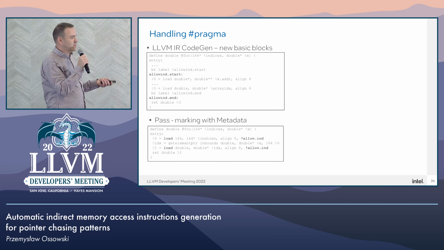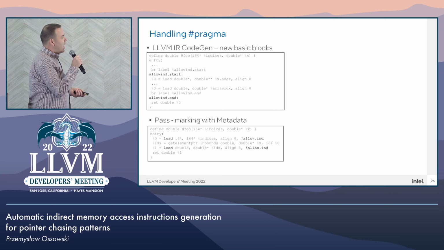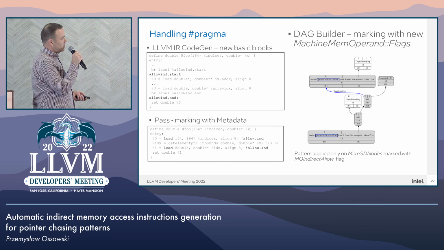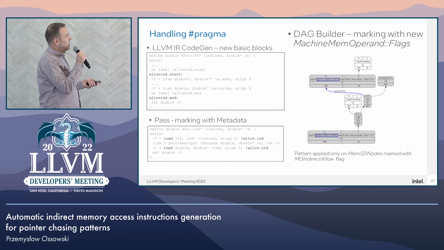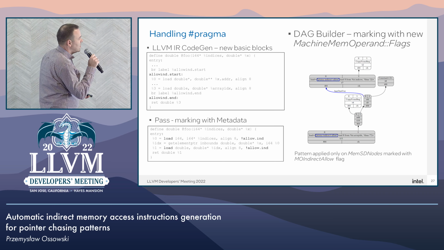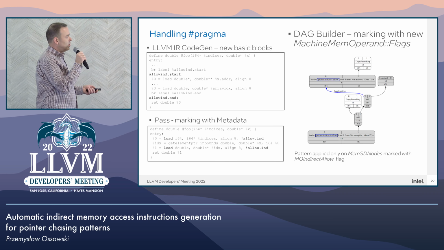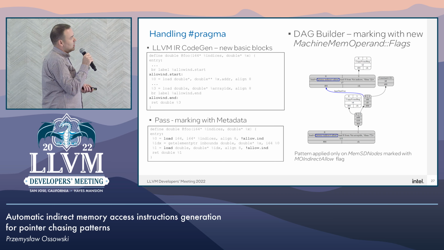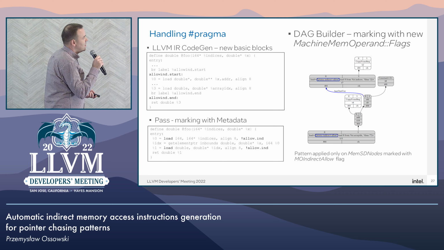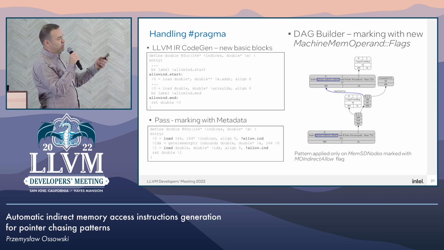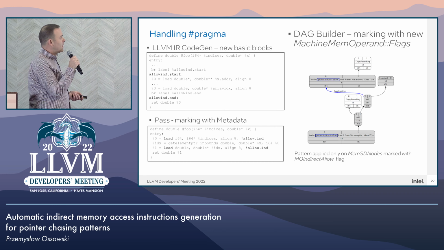Next, having instructions decorated with metadata, during DAG building we are marking those newly created memory SD nodes with a new indirect allow flag. Only those memory SD nodes which are marked with this flag are taken into consideration during pattern detection.